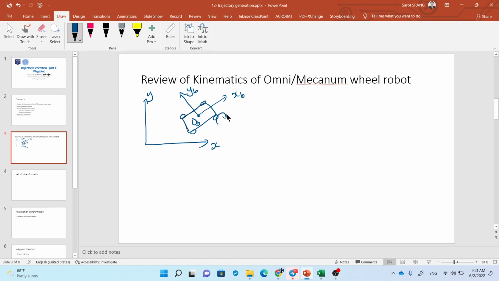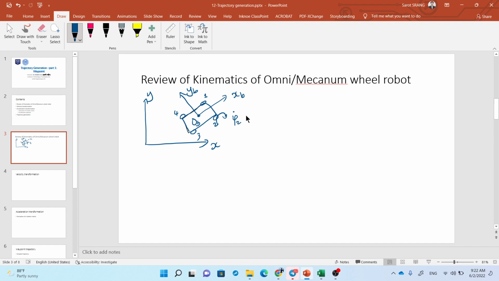So each wheel has angular velocity phi dot. For convention, I choose that this wheel is number one, this wheel is number two, number three, and number four like this. So this one is the angular velocity of wheel number two.